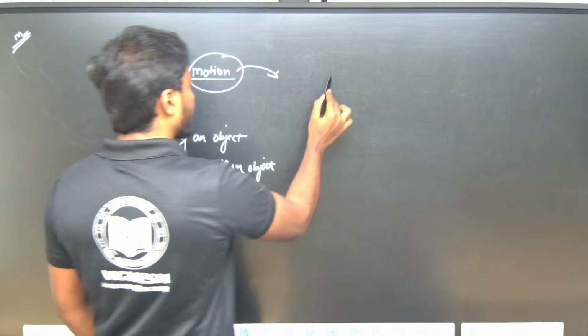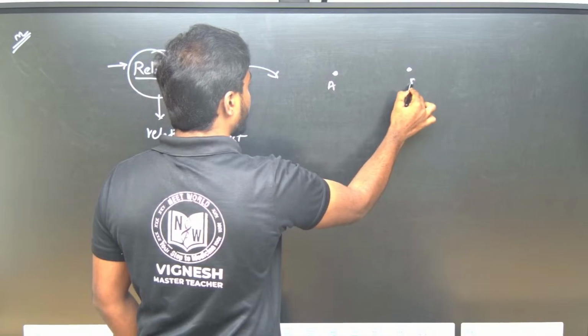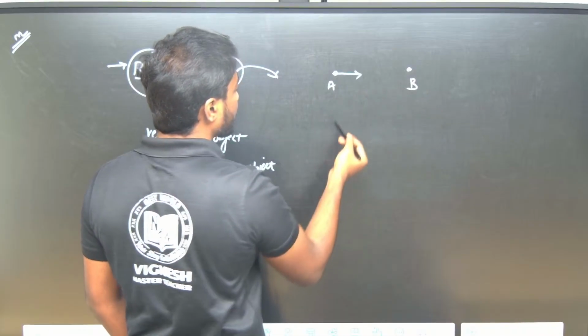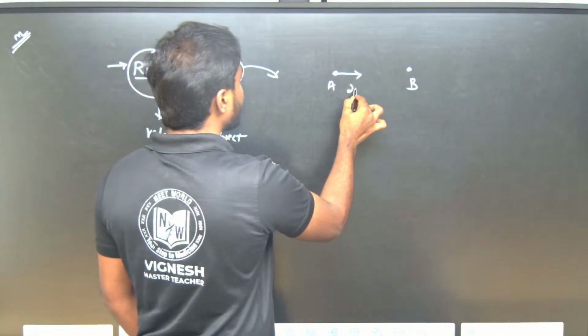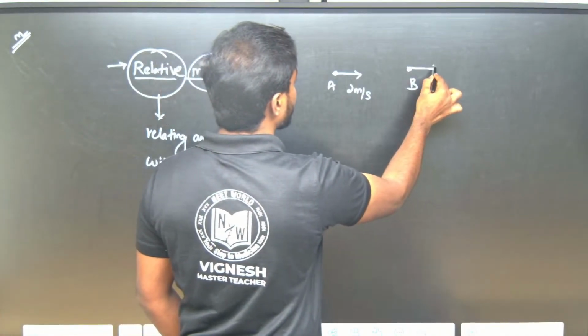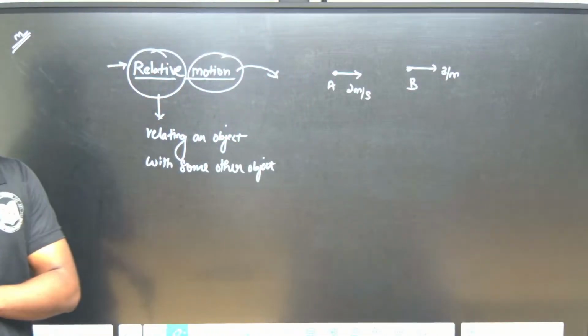Let me consider object A and object B. This object is going with some velocity, 2 meter per second, and this object is going with 3 meter per second. Position, velocity, acceleration, displacement, everything comes under motion: changes in position with respect to time, changes in velocity with respect to time.